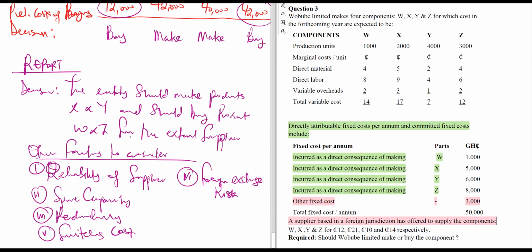Do you all get it? You see how I come up with the points? They said a foreign supplier, meaning there might be potential foreign exchange risk, right? What about lead time? How long would it take to get our demand? Tariffs and costs.